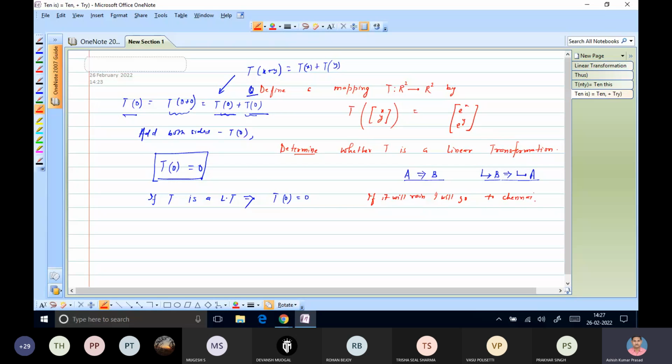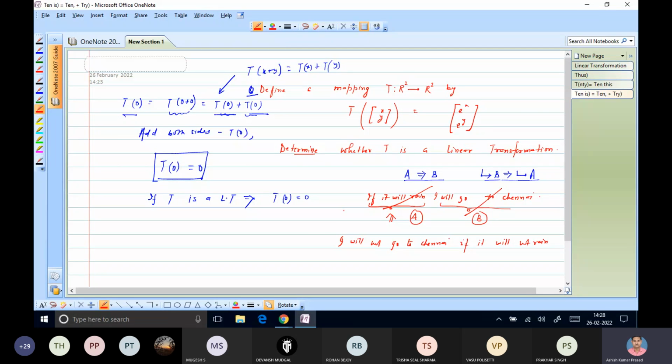The first statement, if it will rain, is my A. The second statement, I will go to Chennai, is B. If I take not of B, I will not go to Chennai, and not of A is that it will not rain.